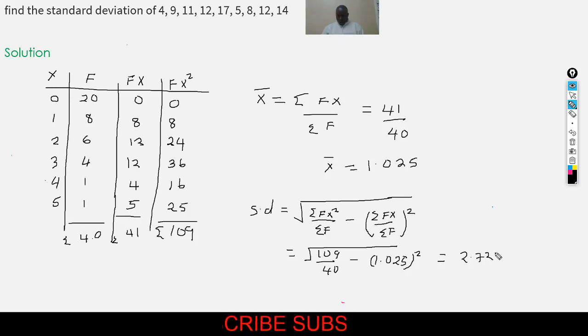Then we minus the mean, that is 1.025, squared. You'll get it to be 1.0506.